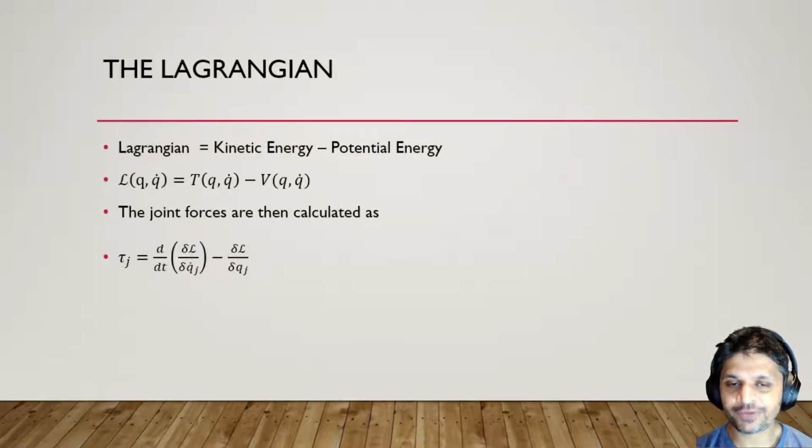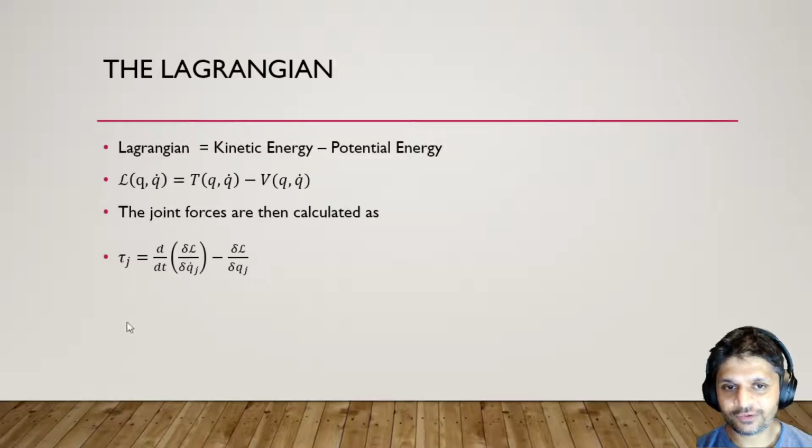Basically, we say that tau j is equal to the derivative with respect to time of the partial derivative of the Lagrangian with respect to the velocity, minus the partial derivative of the Lagrangian with respect to the position.